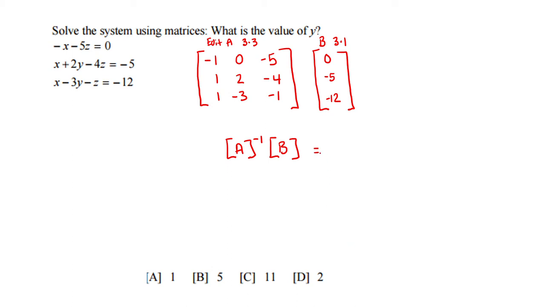If you did this correctly, you should have -5, 2, and 1. Now this question's asking for y, so y is the 2.